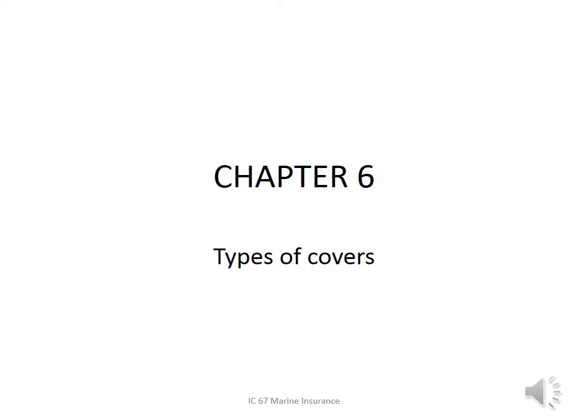Then there is an open cover, open policy, sales turnover policy. Then there is a sales throughput policy. There are different methods of insuring. Then it is subject to certain clauses which we have already seen in section 4 and section 5. So there are different types of clauses A, B, C. There are different trade clauses, but they are in particular from the contract point of view.